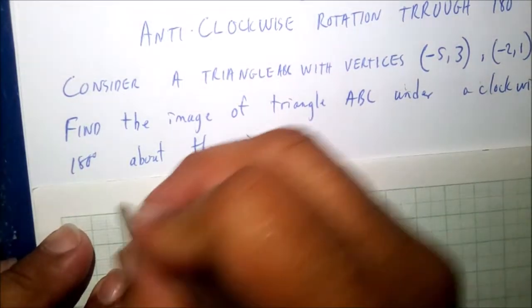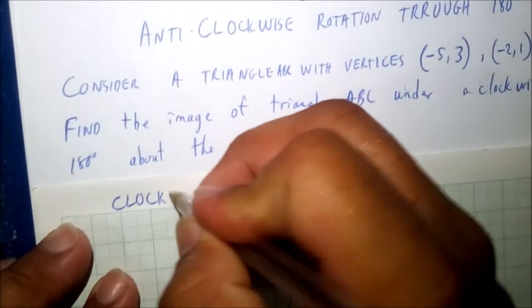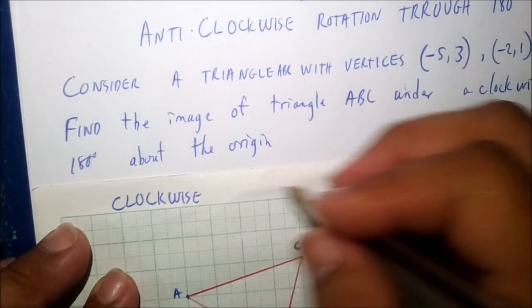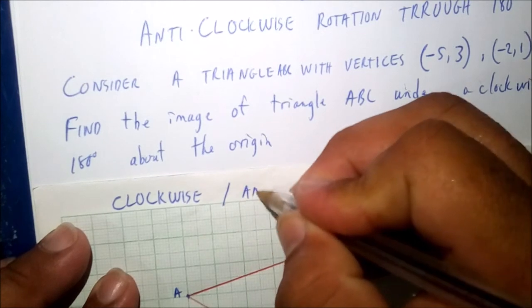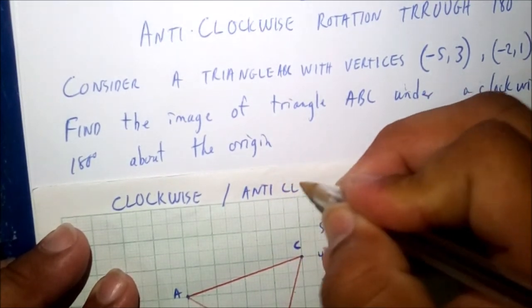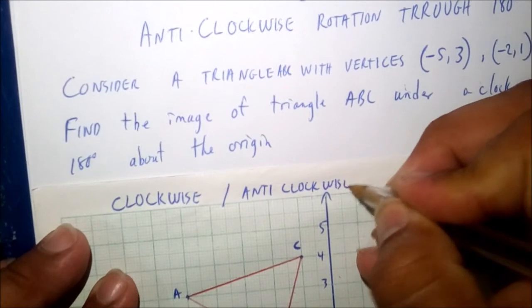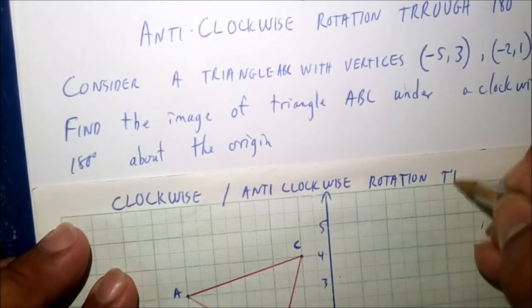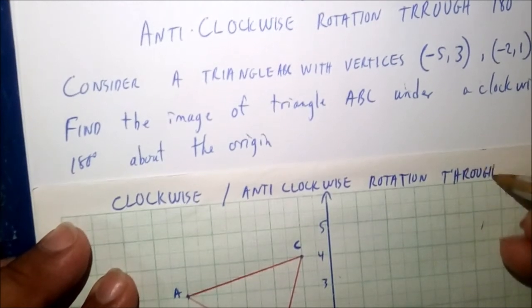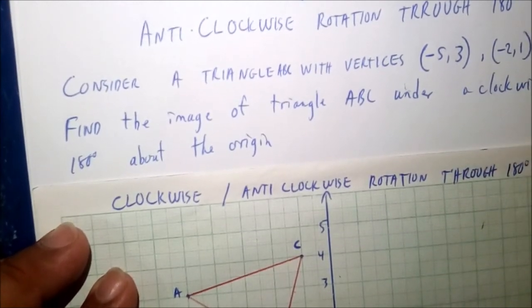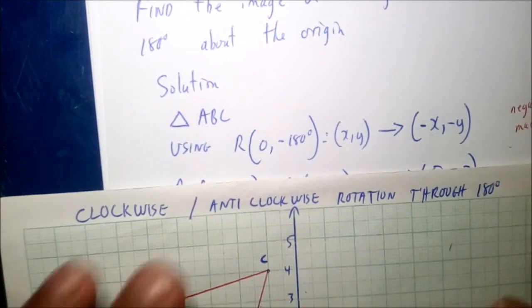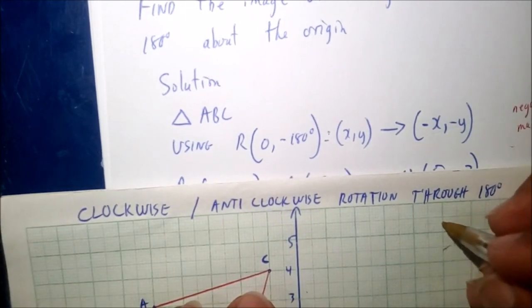This is a clockwise, also called anti-clockwise, rotation through 180 degrees about the origin. And our equation for this will be this one here. So make sure you draw this diagram so you can refer back to it.